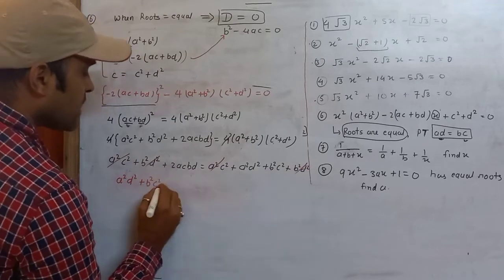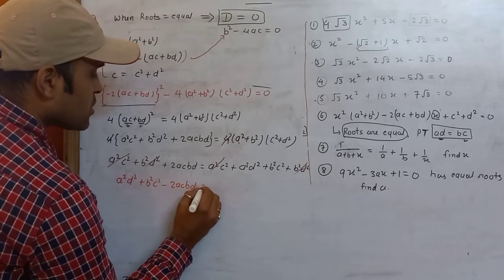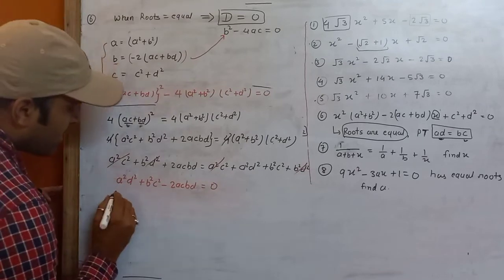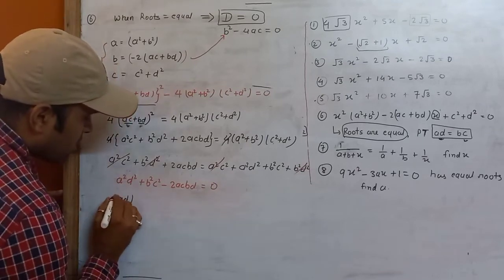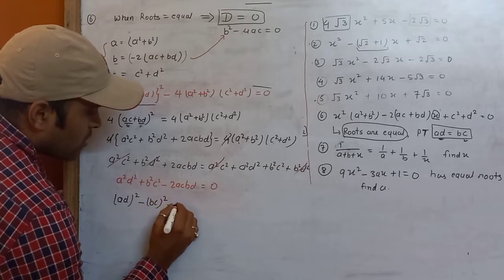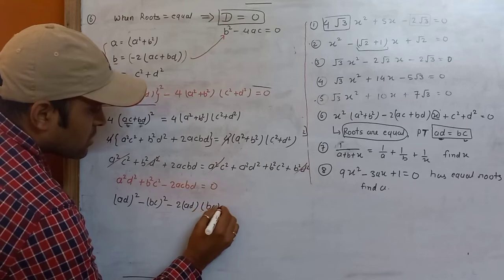This will be taken to the right side, so it becomes minus 2ACBD is equal to 0. From here I will write it again: AD whole square plus BC whole square minus 2AD and BC.